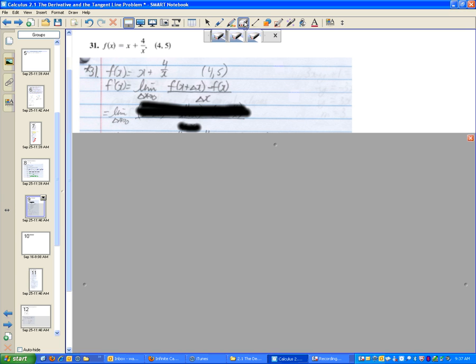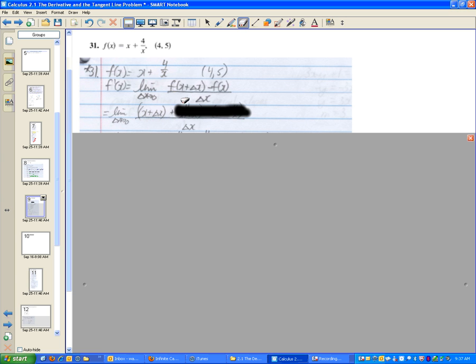All right. Can we all agree on what goes in the denominator? Got it. All right, we all got that. Now, we have f of x plus delta x. So instead of x, that's f of x, x plus 4 over x. Instead of x, we put x plus delta x. Plus stays plus.